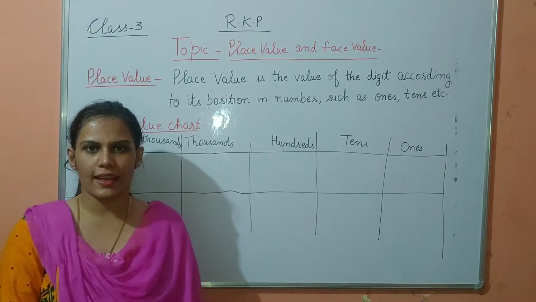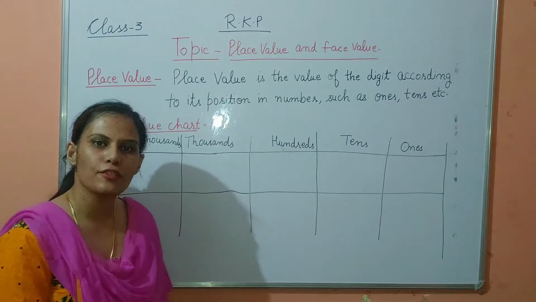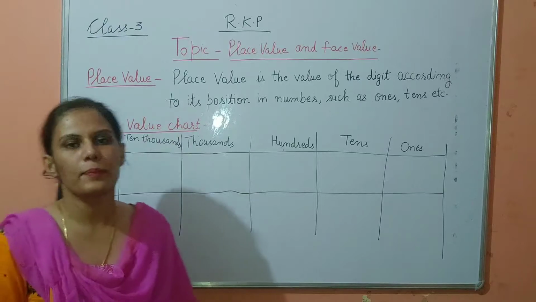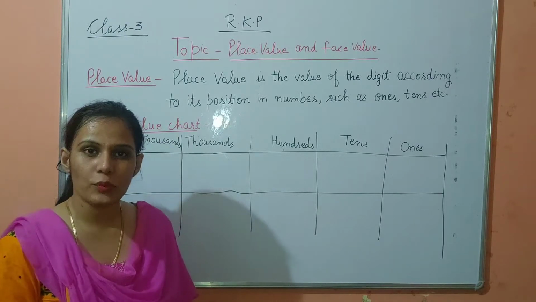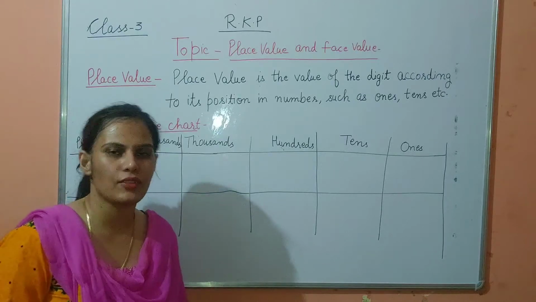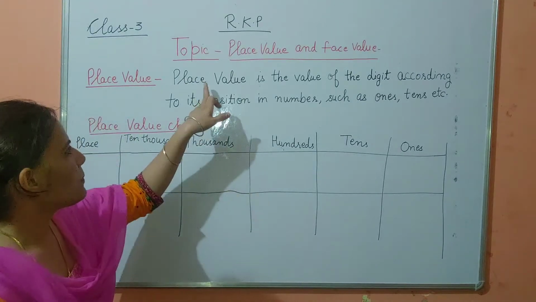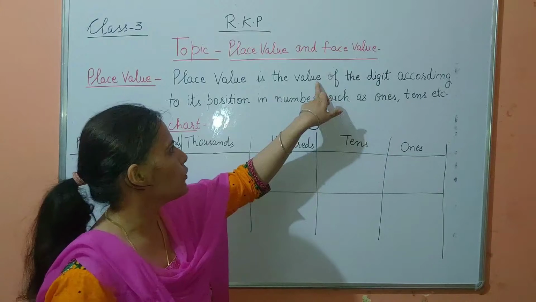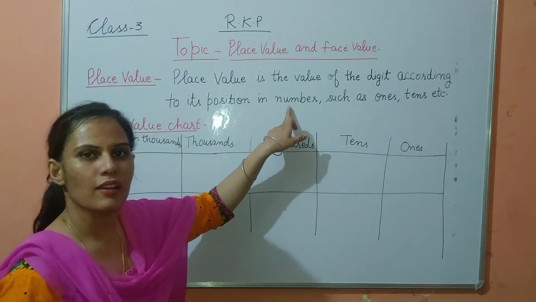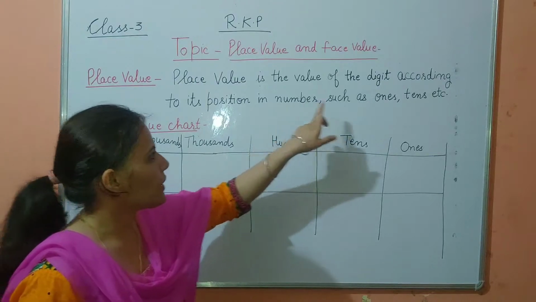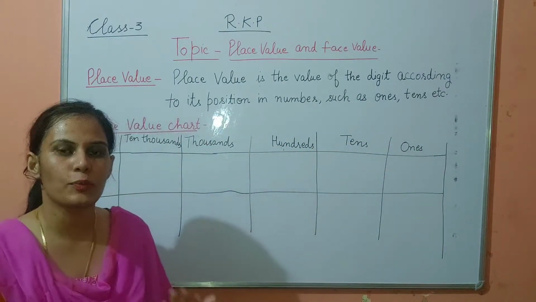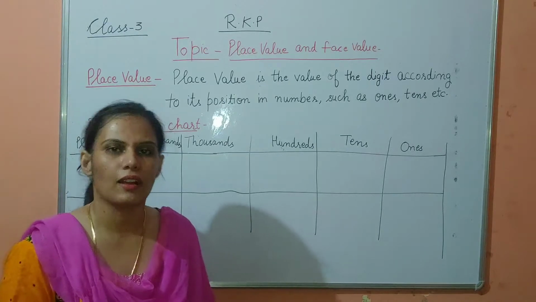So students, we have studied the face value, but now our second topic is the place value. Place value means the position of a digit in the given number. So place value is the value of the digit according to its position in the number. It may be ones, tens, hundreds. It depends on what position the digit comes.